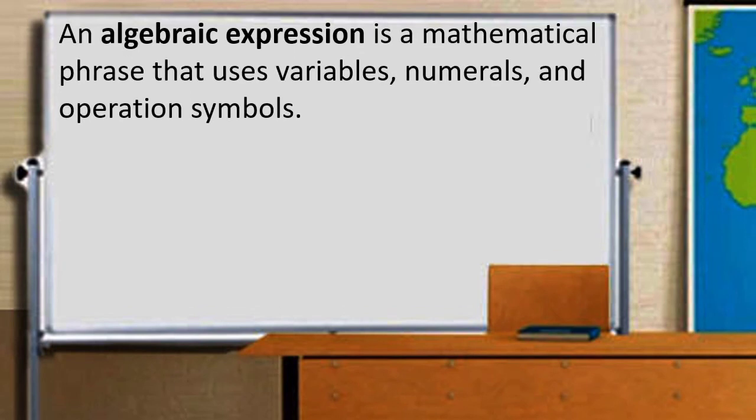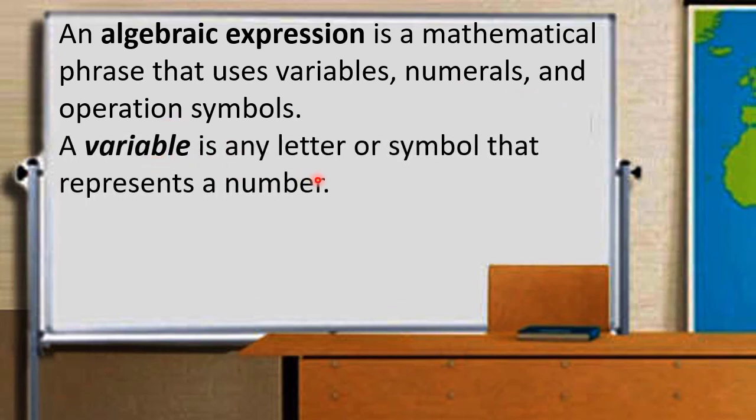Next, to obtain our objective number 2, let us discuss about differentiating equation from expression. So we have here an algebraic expression is a mathematical phrase that uses variables, numerals, and operation symbols. A variable is any letter or symbol that represents a number.